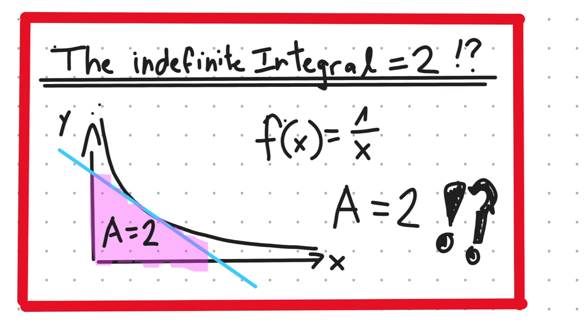And if we take the triangular surface area that is under the tangent line, it is always equal to 2. I would like to prove this for you because this is a very interesting phenomenon, since 1 over x is a very interesting function by itself already.